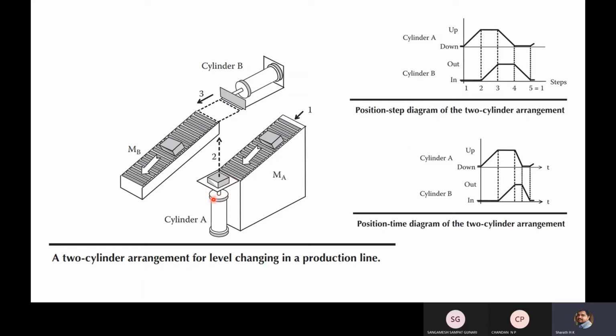For that a cylinder is used. Here you can see a pneumatic cylinder is used. When there is extension stroke of this cylinder, it is going to take a component and keep it at this position, so it will get lifted to this position. Then when there is extension stroke of cylinder B, this component will be pushed onto the conveyor MB.